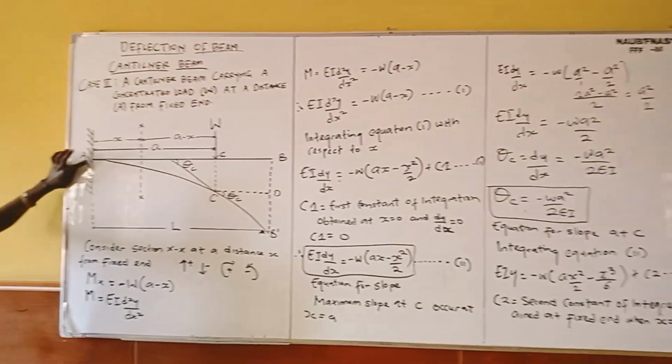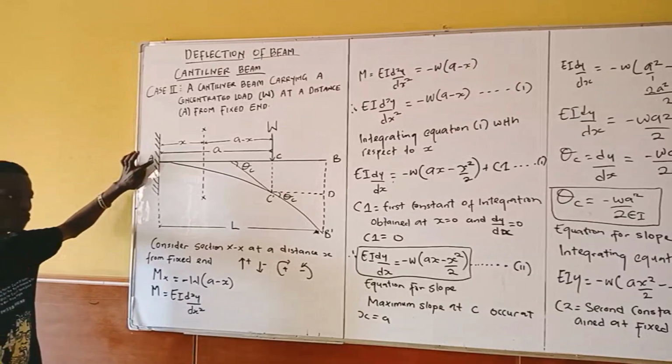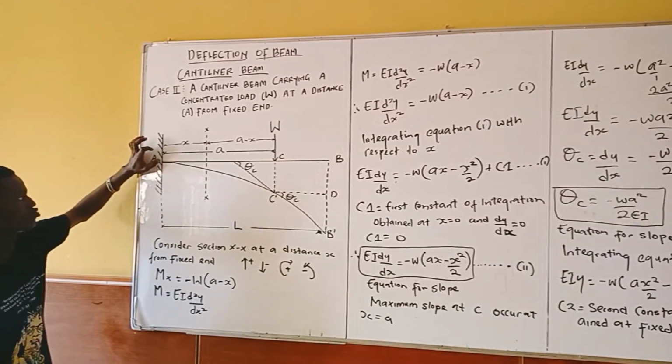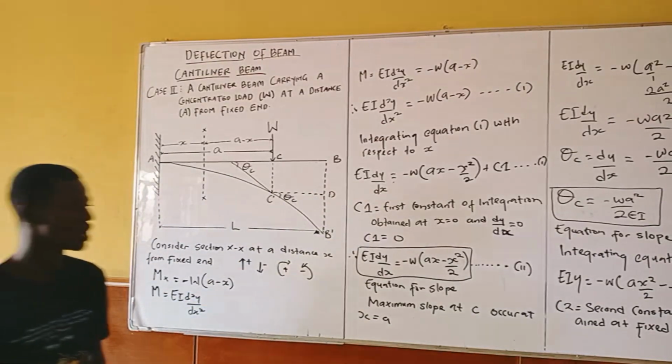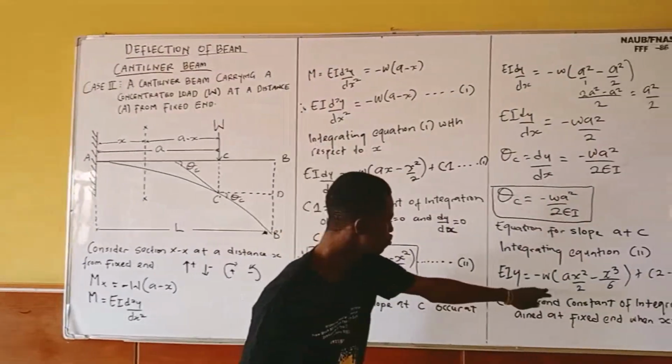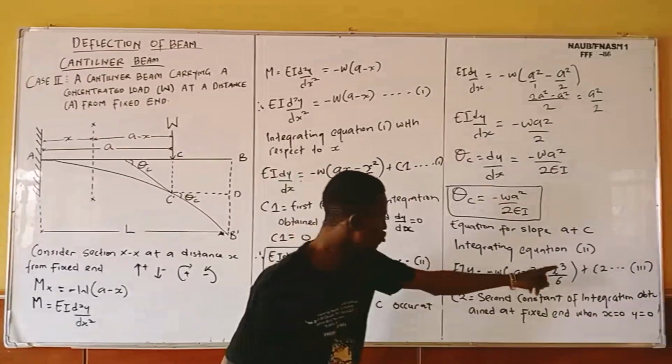At this fixed end, our C2 is obtained, and at this section x is equal to 0, and we don't have deflection here, so our y equals 0.